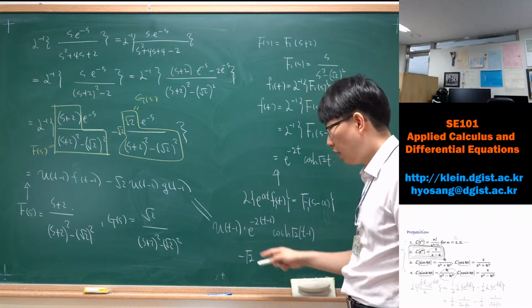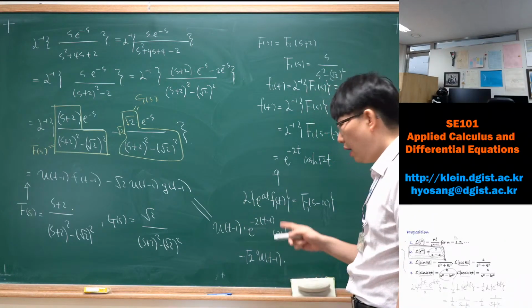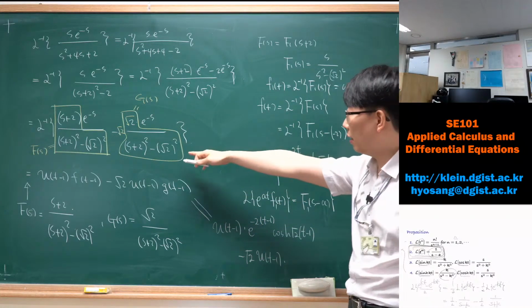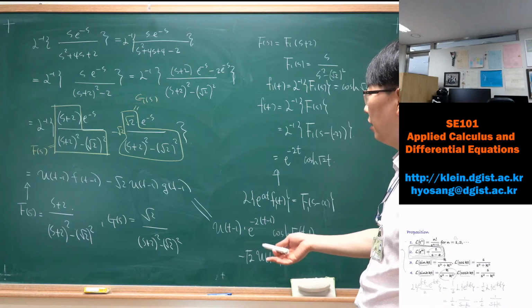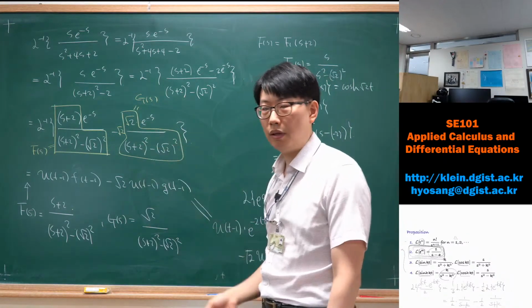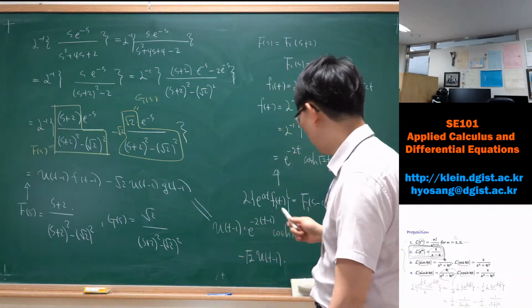Minus 2 times u of t minus 1. And then you do the similar thing with this guy. Everything is the same except that we have square root of 2 instead of s plus 2. That means we use sinh instead of cosh.